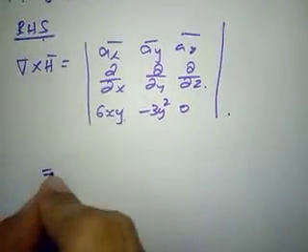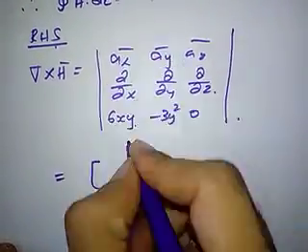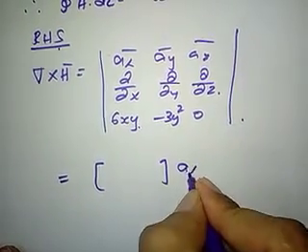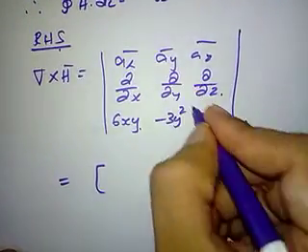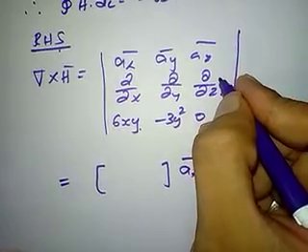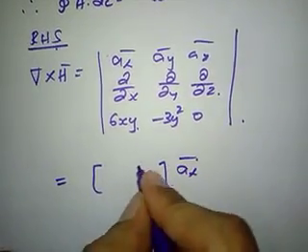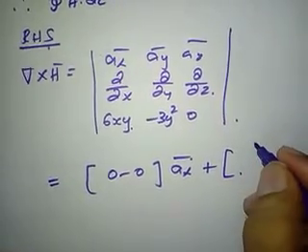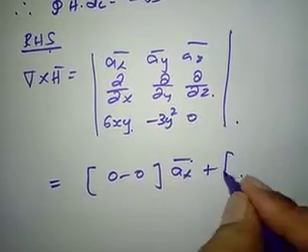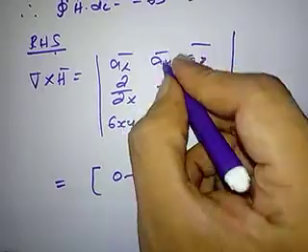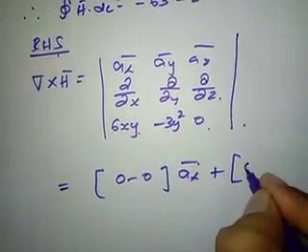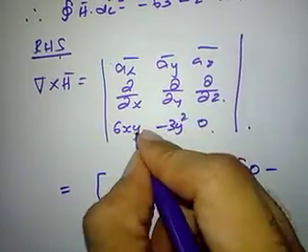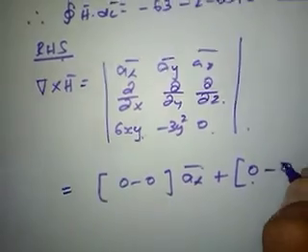So this is ax bar, right? So this and this goes, so it is 0 minus dou by dou z of 3y square, so it is also 0. So we get 0 minus 0 for ax bar. Then ay bar, so this goes and this goes, so it is 0 minus dou by dou z of 6xy, so it is also 0.